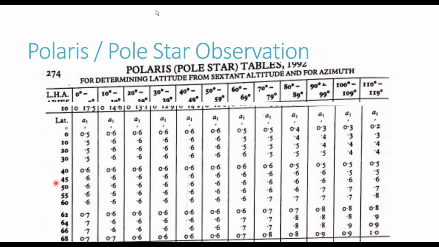So you have the latitude mentioned on the vertical axis on the left hand side, and you enter into the same column which you entered in the top part, basis the LHA of Aries. In that same column you come down to the second part, and against the latitude you can see the A1 correction. So there is no interpolation in this part of the table.